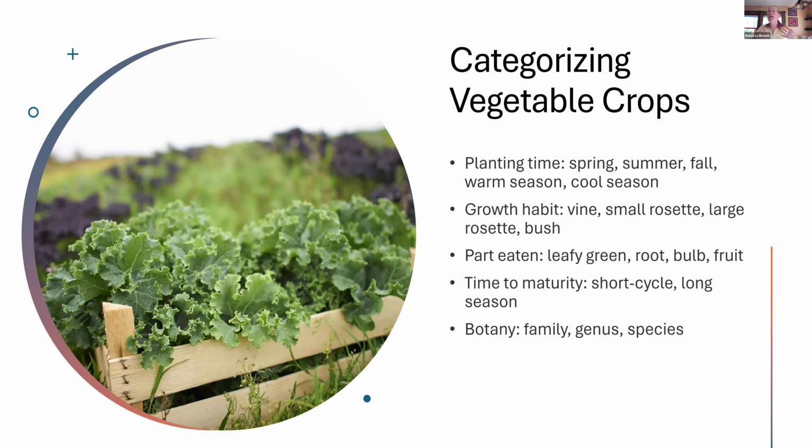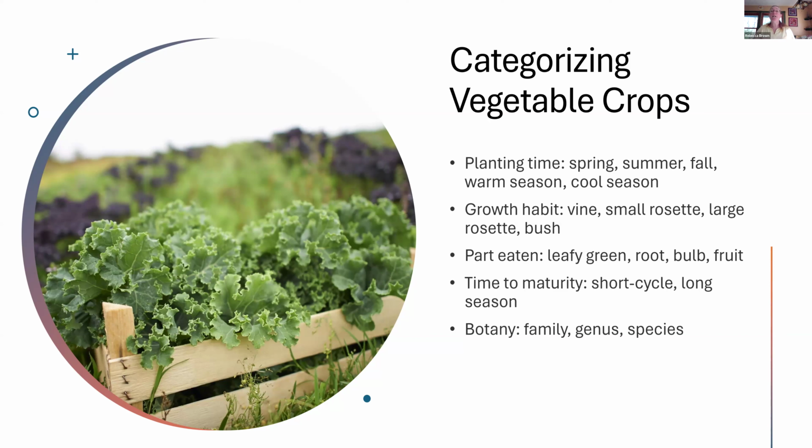Or is it something like a storage onion or a Brussels sprout that's going to occupy the space for a good part of the growing season? And then in many ways, the best way to group our vegetables is actually botanically by their family, genus, and species. So this refers to the scientific name, the scientific classifications.